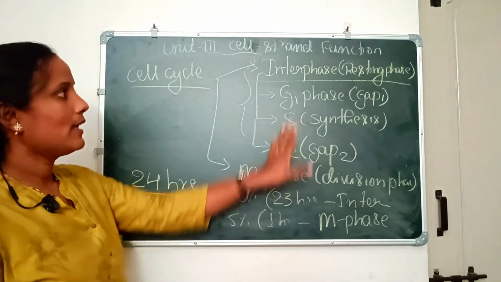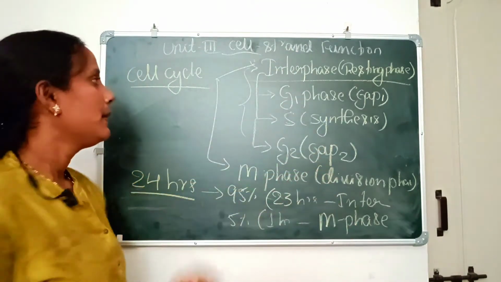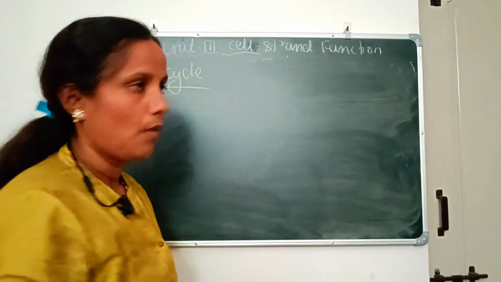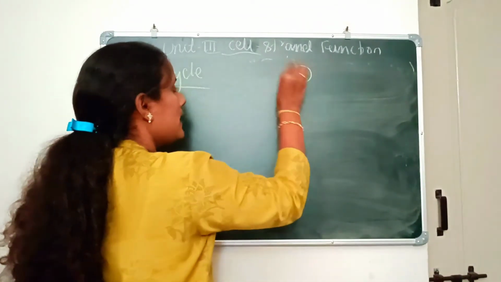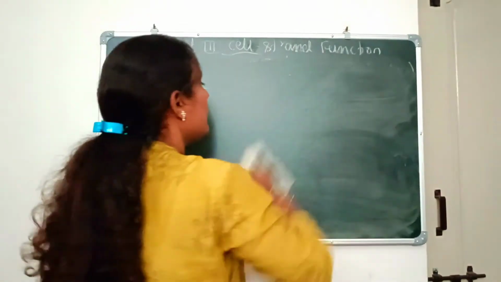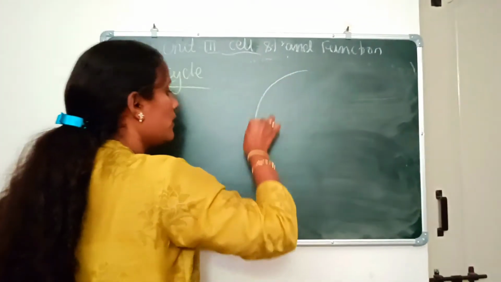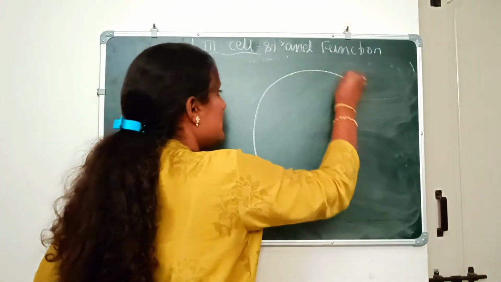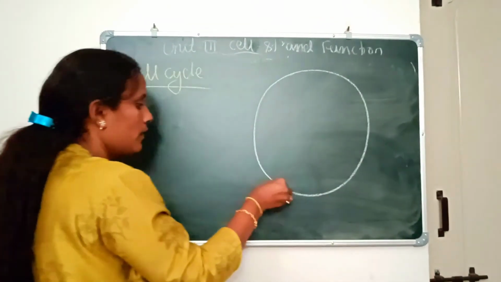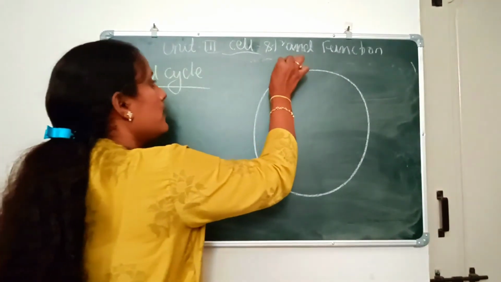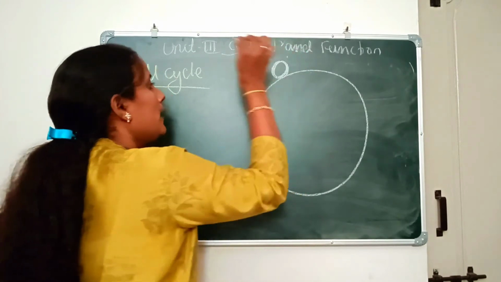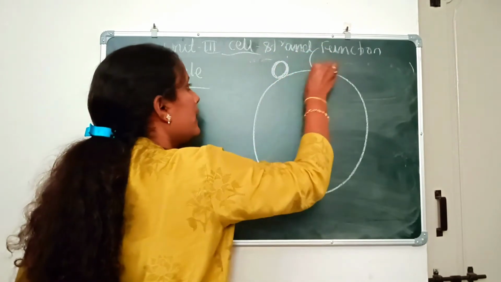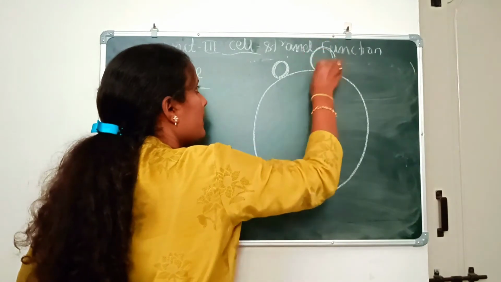So now let us take these in detail. We shall draw one typical cell cycle. Say here is one cell cycle, and here the cell is. The cell initially will grow in its size.